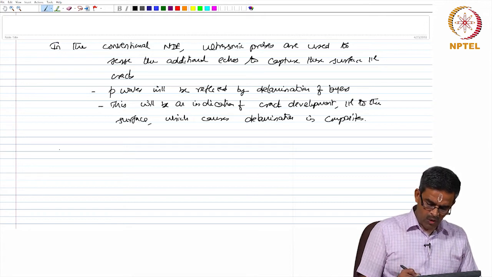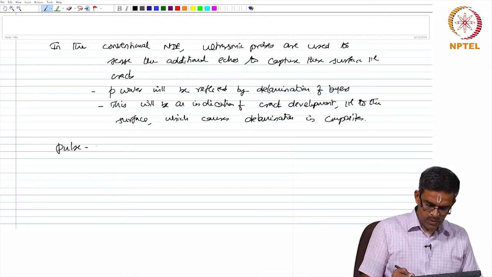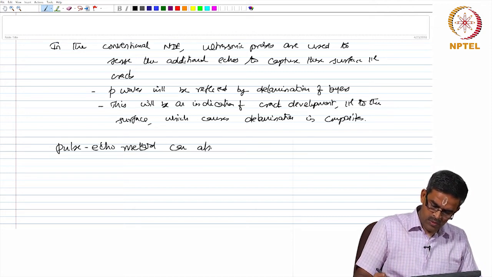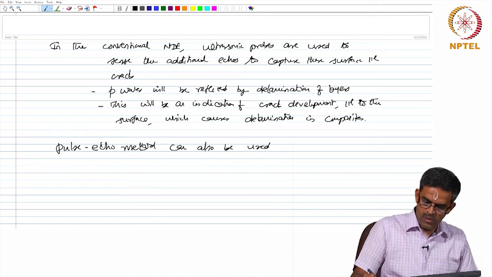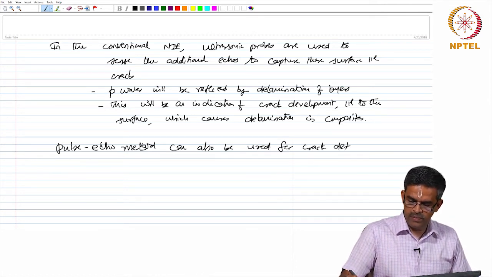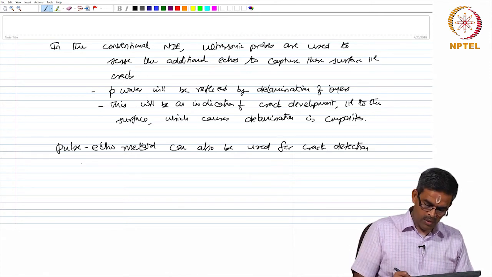Pulse echo method can also be used for crack detection in composites.